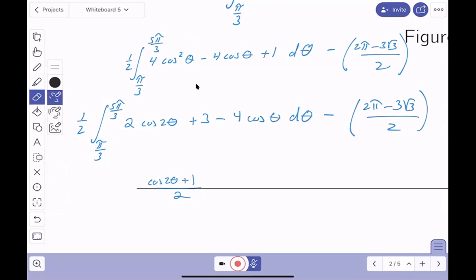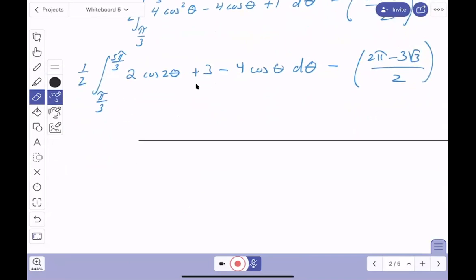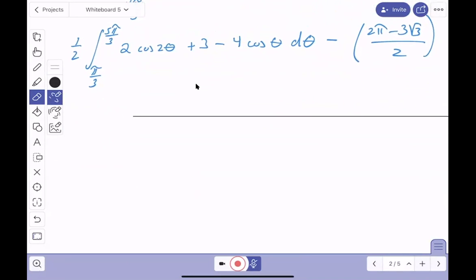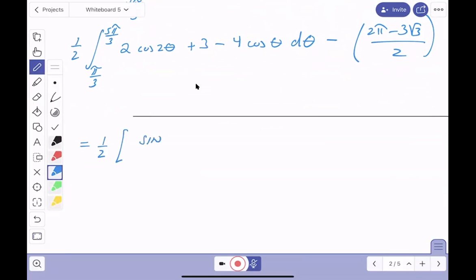Get my eraser out, my baby work over here. And I got to do it. And I'll put an equal sign down here. 1/2. That would be sine 2 theta plus 3 theta.